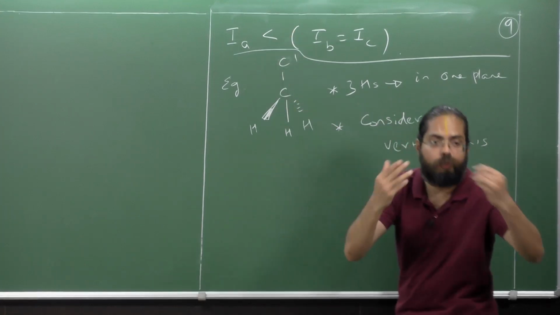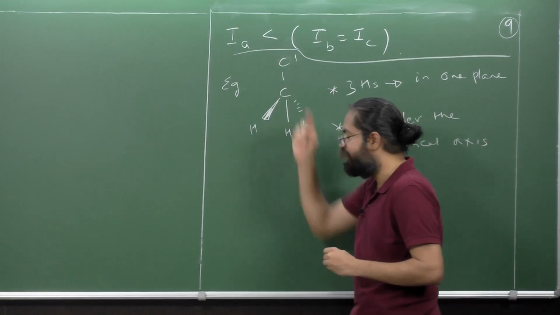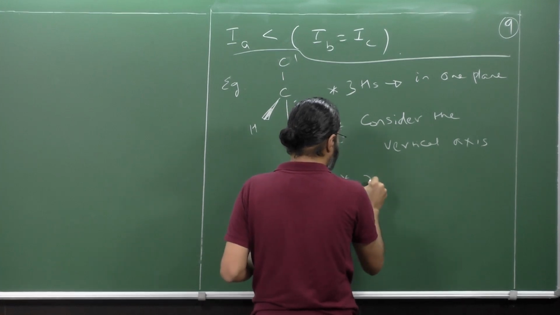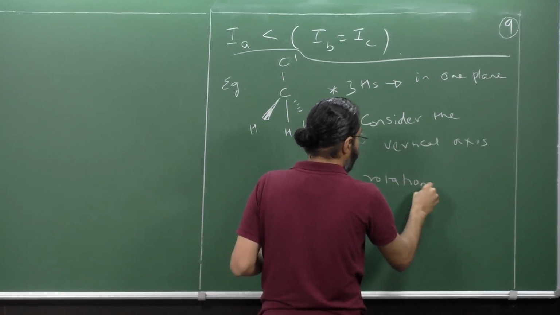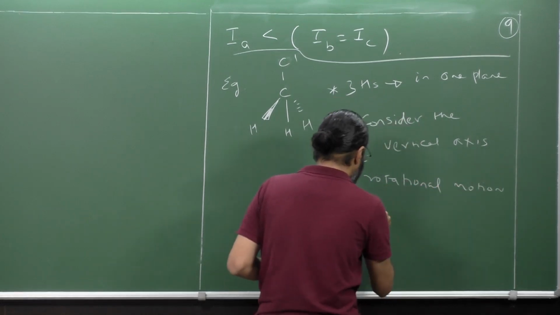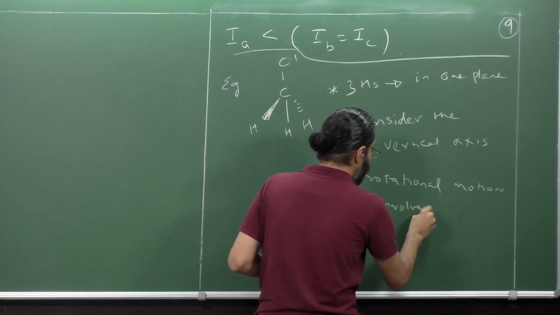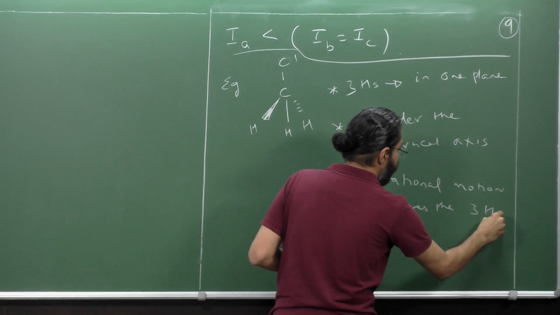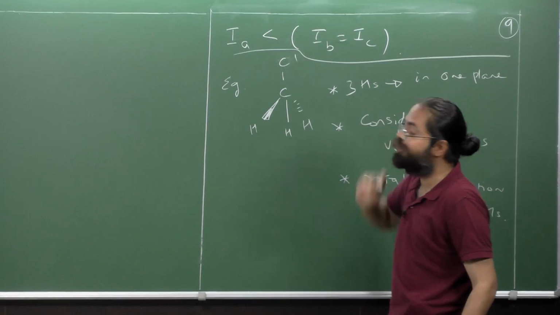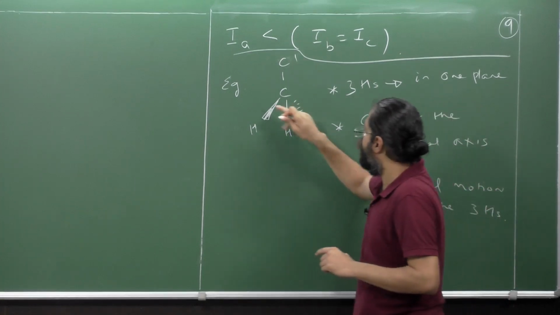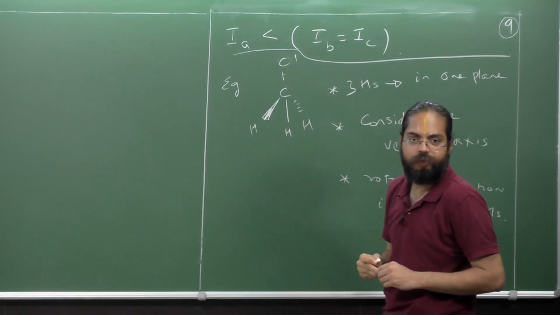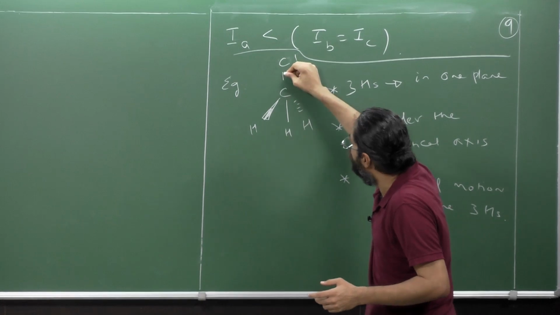Now, if we rotate about this specific axis, we note that the rotational motion involves the three hydrogens, which are much lesser in mass with respect to the Cl, right? And also note that for this specific molecule, the center of mass is going to be lying closer to the Cl than to the hydrogen. So it is going to be lying somewhere here.